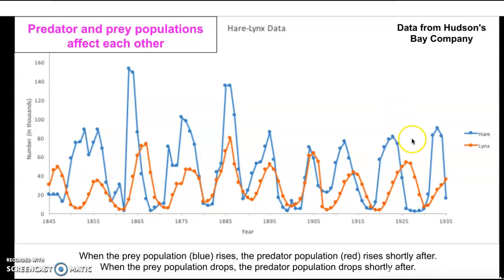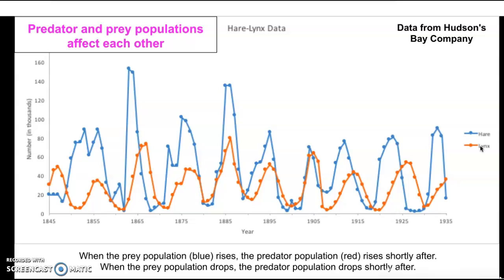This is a classic example of a predator-prey relationship. When there's more prey available, when there's more hare available, then the lynx population starts to go up. But when there's less hare available, when the hare population goes way down, then shortly after, the lynx population goes down.